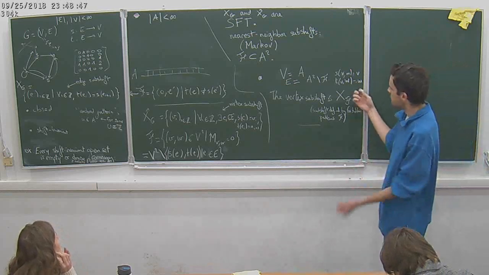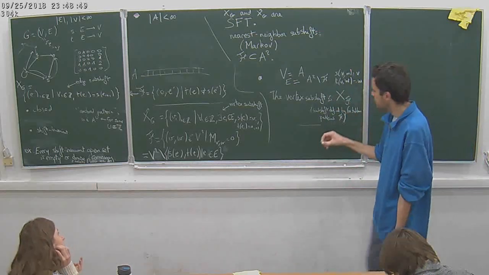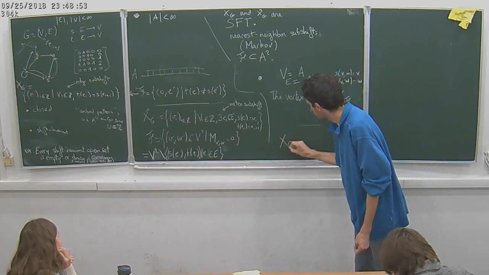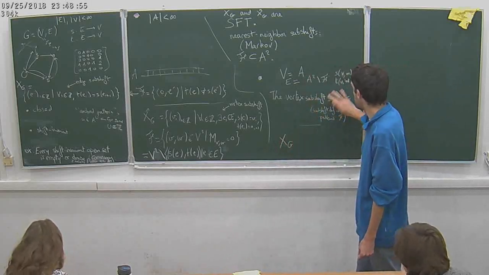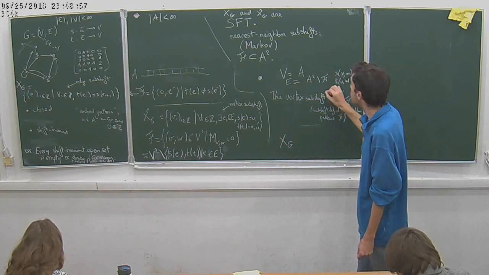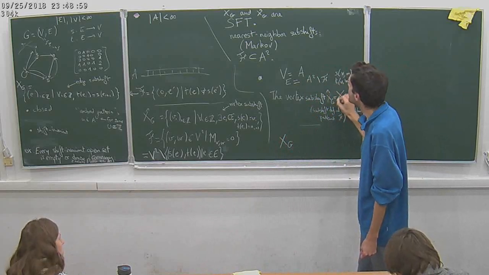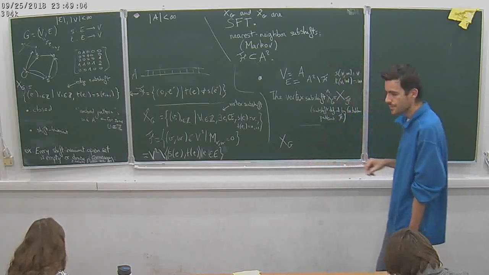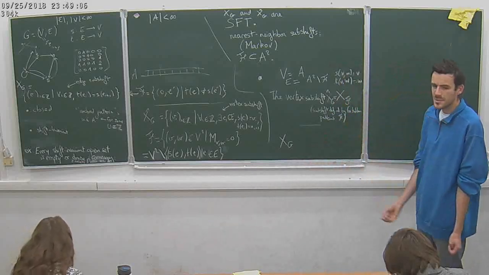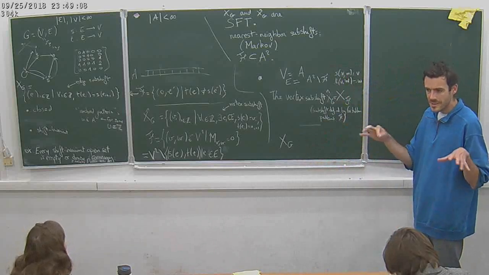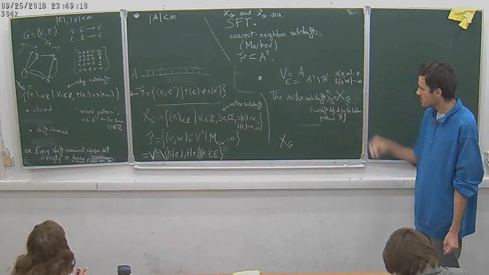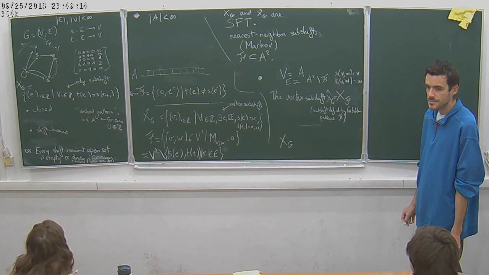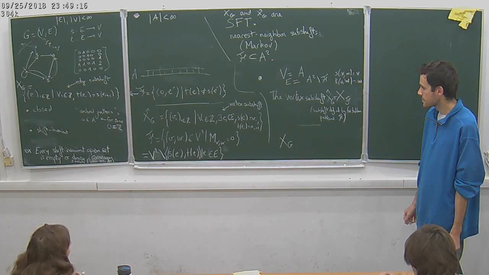Okay. But now, if I fix this graph, what can you say about X_G? So this was X hat G, the vertex subshift, and X_G is the edge subshift.